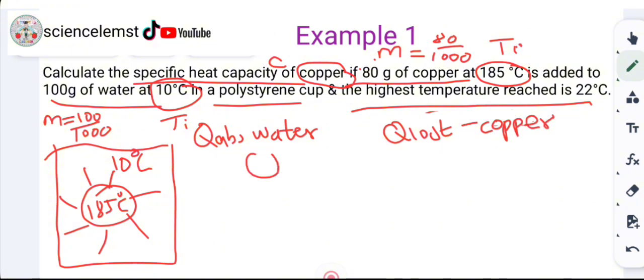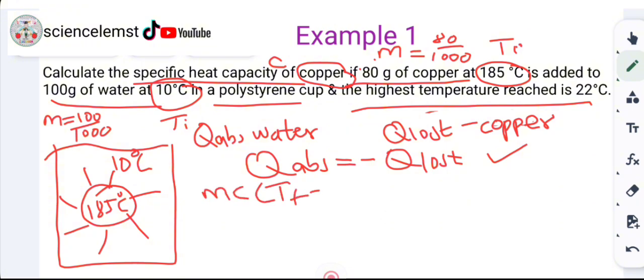So I write my formula. Q absorbed is equals to negative Q lost. You get a mark for writing this. Then you go and say MC (TF minus TI) is equals to negative MC (TF minus TI).